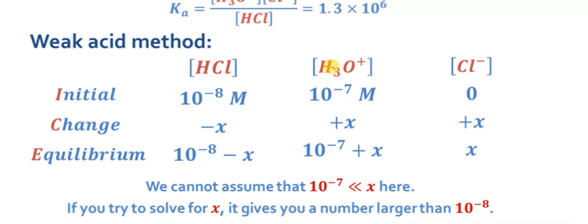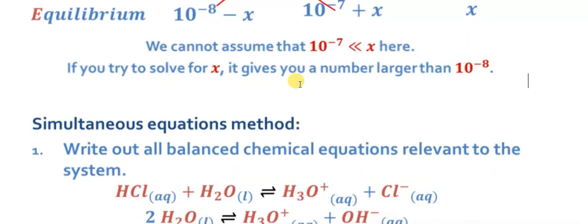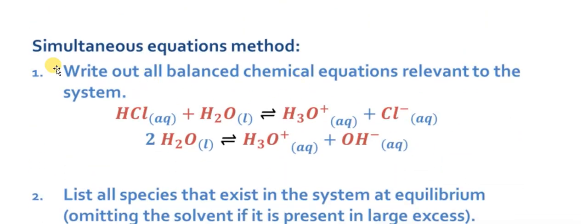This method is only valid for weak acids, not for strong acids. So we do not use this method for calculating the pH of hydrochloric acid. We use the simultaneous equation method.